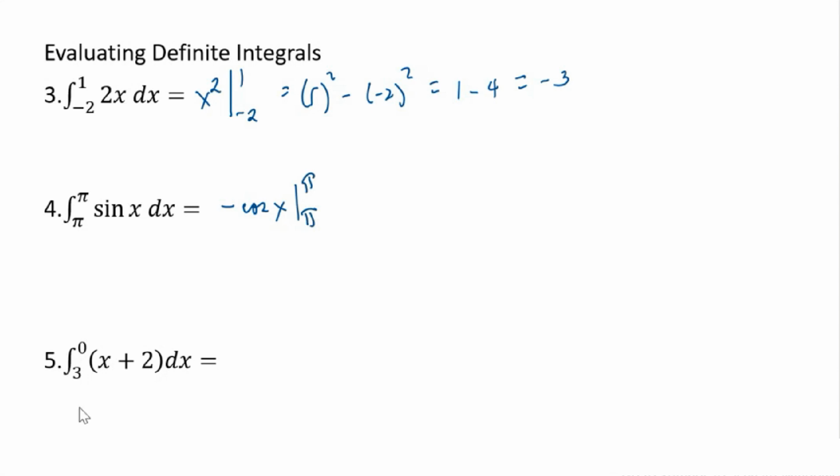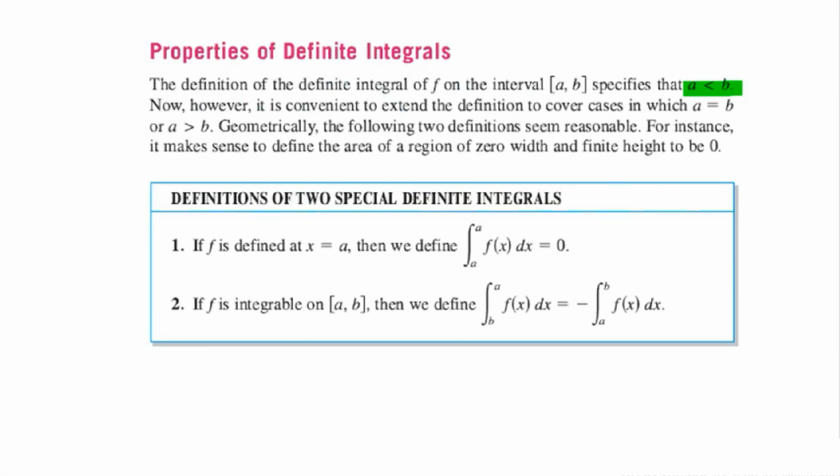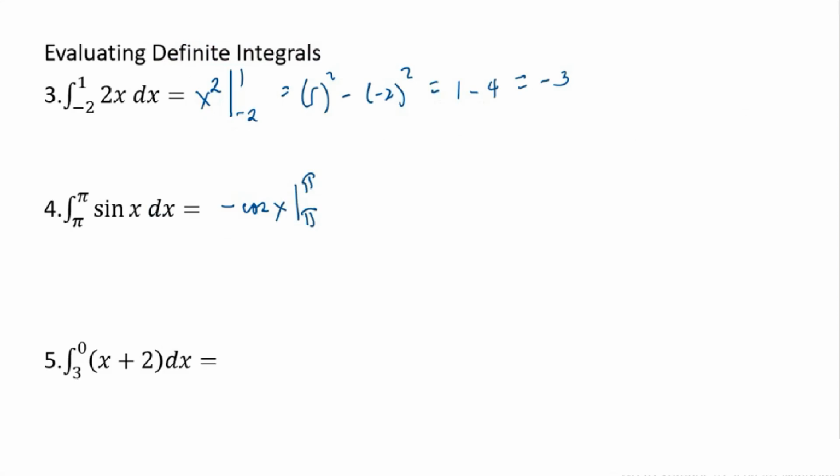According to the properties a while ago, number 1: if the function f is defined at x equals a, and the limits are the same, then using this definition of the definite integral, definitely our answer will be equal to 0.